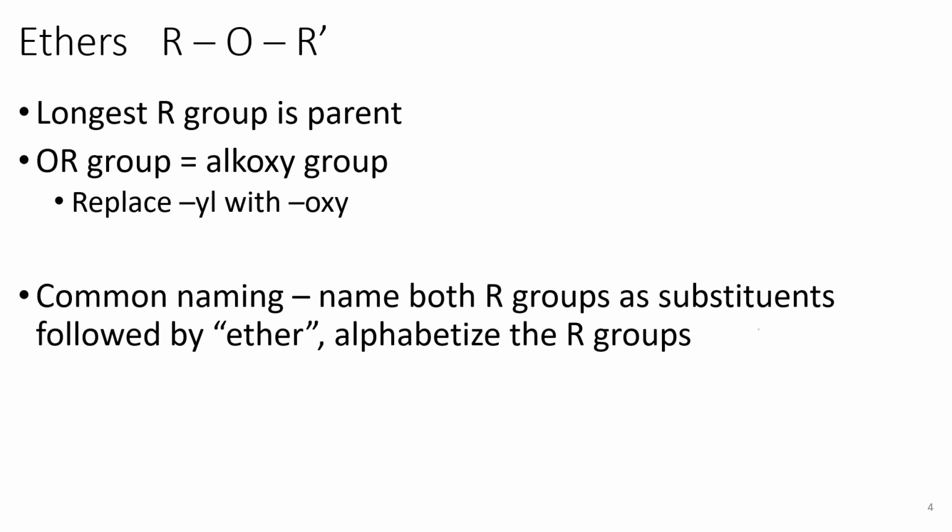This is going to end up being 3 words under the common name, so you will have spaces in this nomenclature if you name ethers commonly. So you would name R group 1, you would name R group 2 with a space in between them, and then space and the word ether. You would alphabetize the 2 R groups, so it doesn't matter what's on the left, what's on the right, you would alphabetize the 2 R groups.